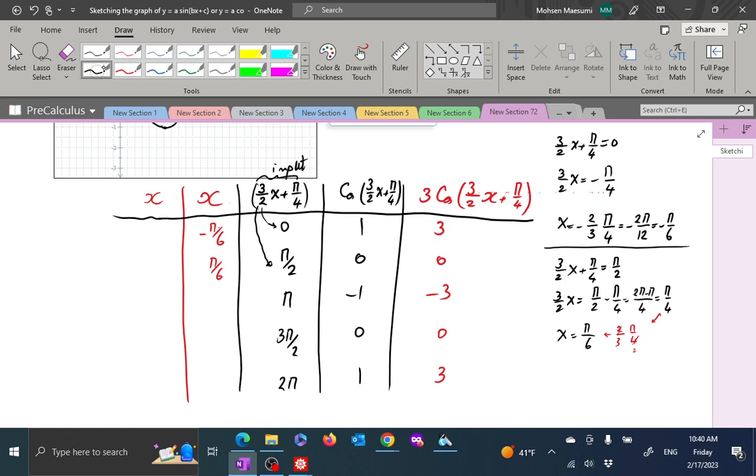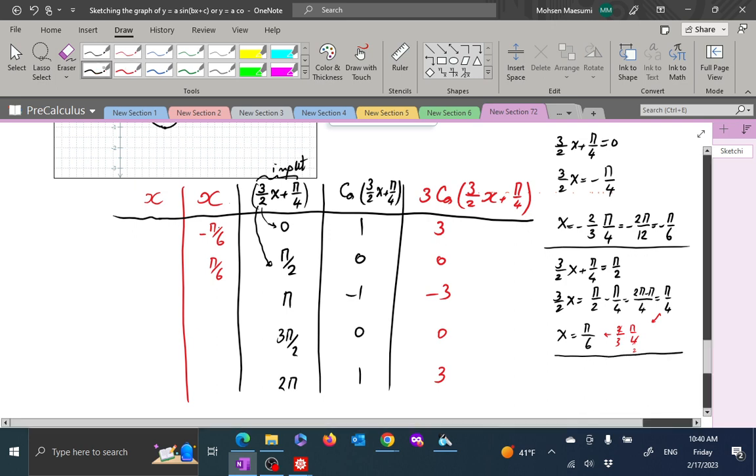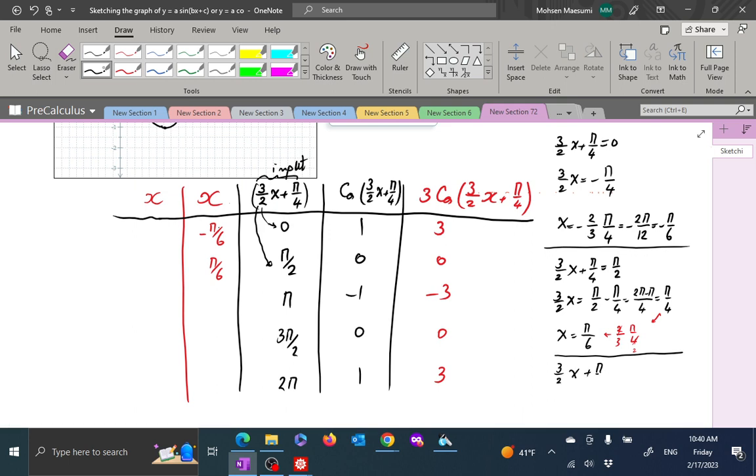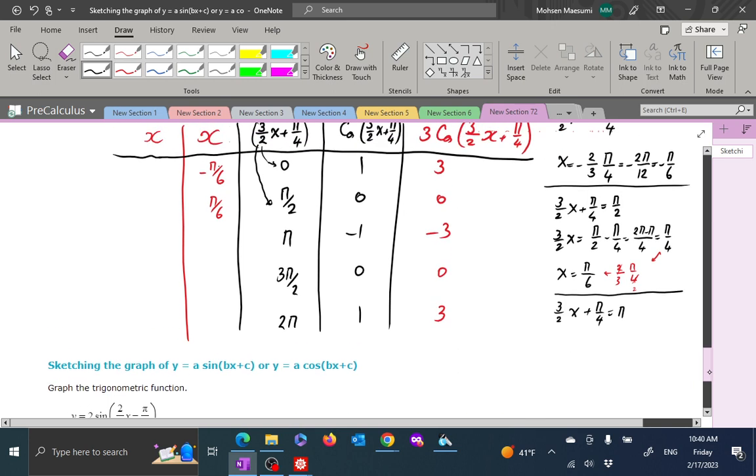So you repeat each of these things for yourself. Next round, 3/2 x plus pi over 4 is equal to pi. So obviously I needed more space here. So 3/2 x is equal to pi minus pi over 4. And you take a common denominator because 4 pi minus pi is 3 pi over 4.